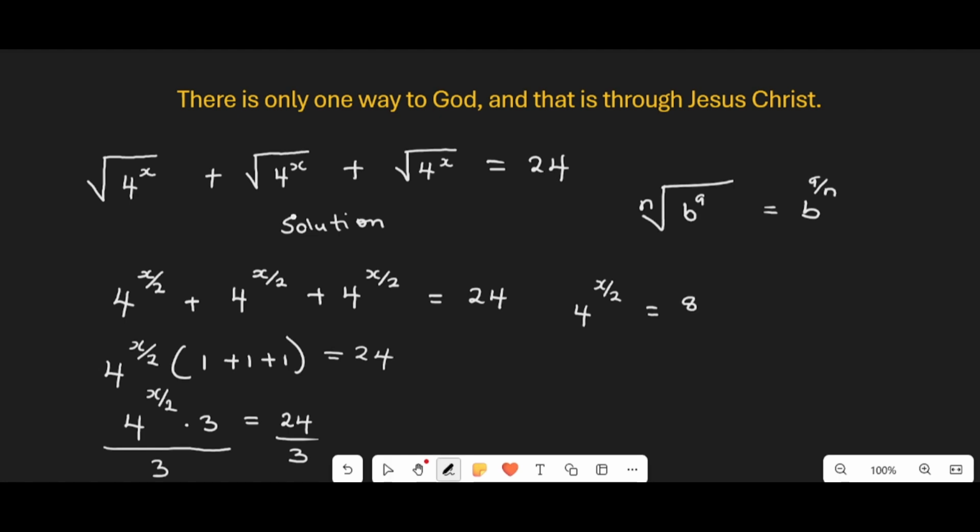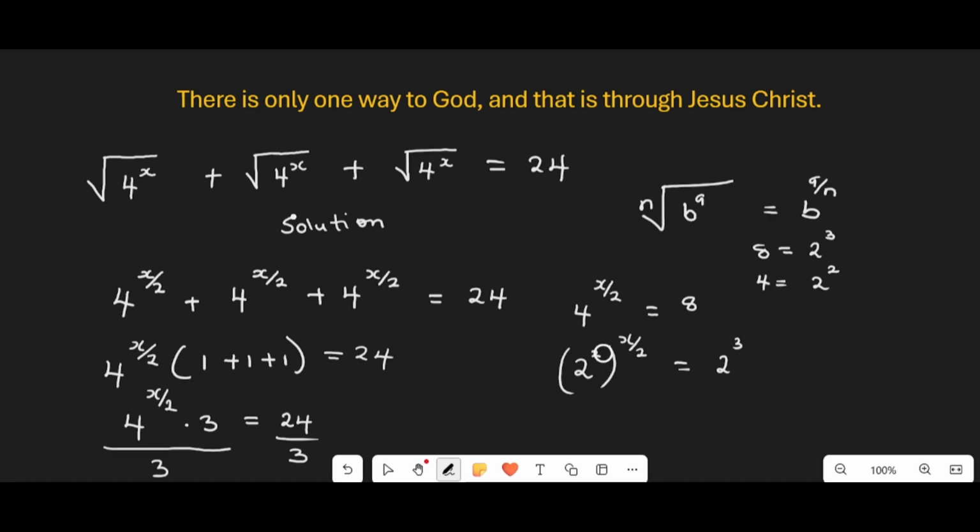Now, 8 is equal to 2 raised to power 3, and also 4 is equal to 2 raised to power 2. So let us substitute them into this equation. So we can say 2 raised to power 2, all raised to power x over 2, equal to 2 raised to power 3.